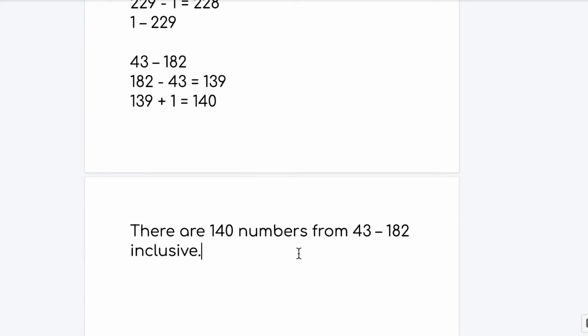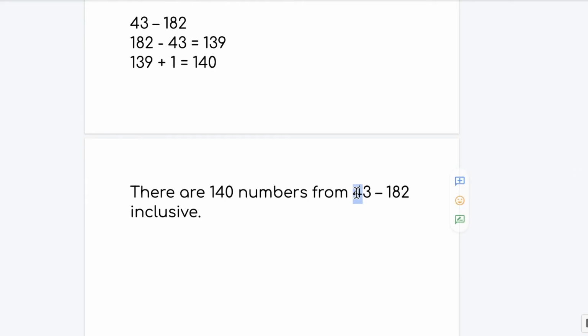There's also one that is exclusive, which means that you don't count these numbers. If we're going exclusive, then that would be the difference plus 1, and then we'd be subtracting 2 because we would be ignoring the 2 numbers on the side. For our example, that would be 139 plus 1 minus 2, which is actually the same as 139 minus 1, so 138.